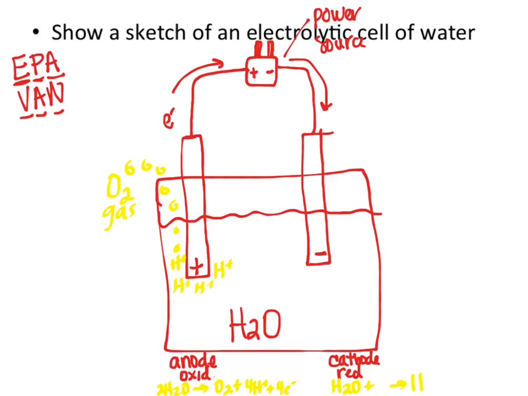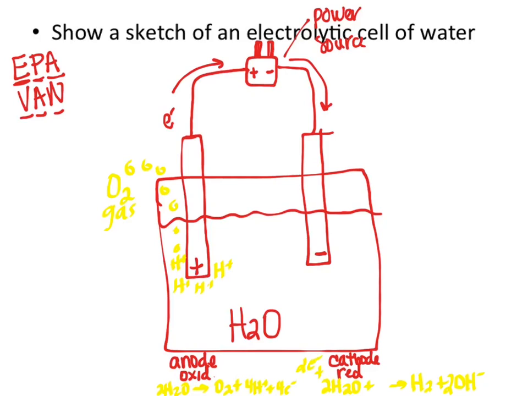We get H plus, our OH minus, and to balance this out we need a 2OH, and we need a 2 here and our 2 electrons.